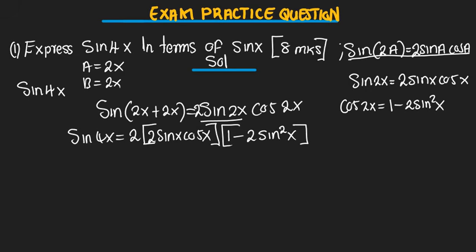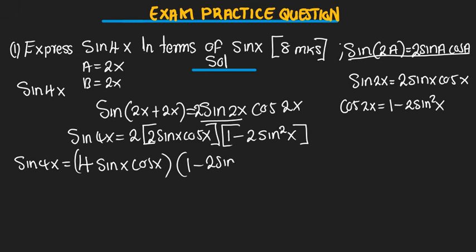From there, sine 4x is equal to 2 multiplied by 2, which is 4 sine x cosine x. Then this is going to multiply by 1 minus 2 sine squared x.